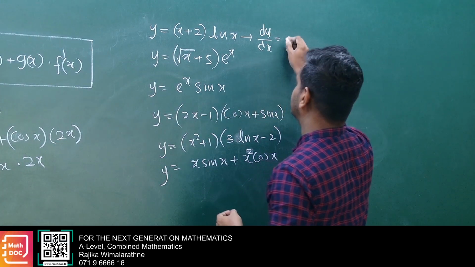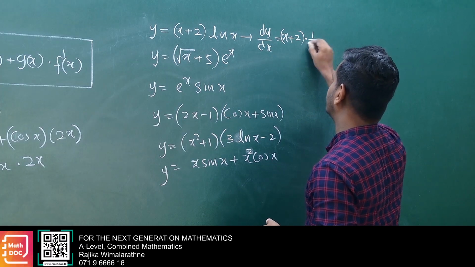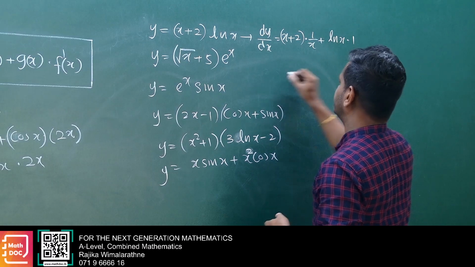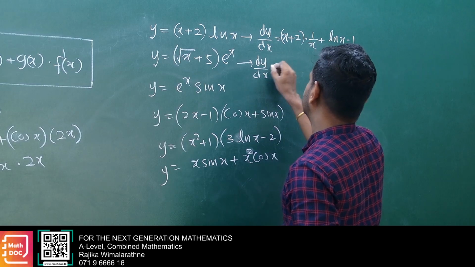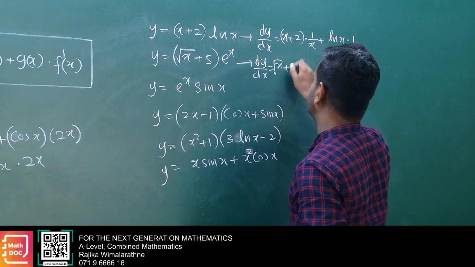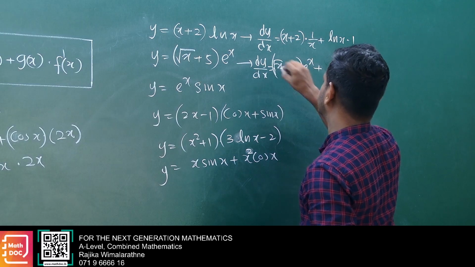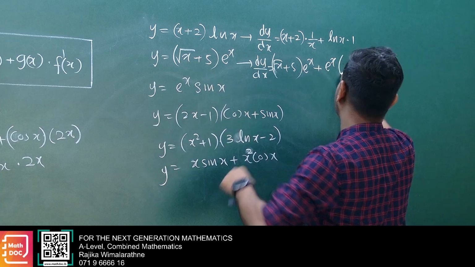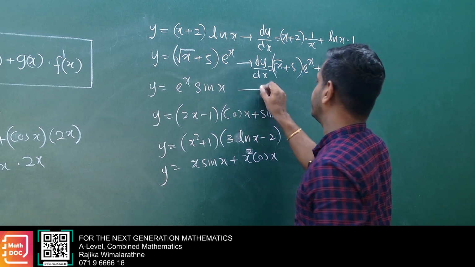dy by dx: (x plus 2) times the derivative of ln x, 1 over x, plus ln x times the derivative of x plus 2, 1. Next, dy by dx: root of (x plus 5) times the derivative of e to the x, e to the x, plus e to the x times the derivative of root of (x plus 5), 1 over 2 root x, and the derivative of 5 is 0.